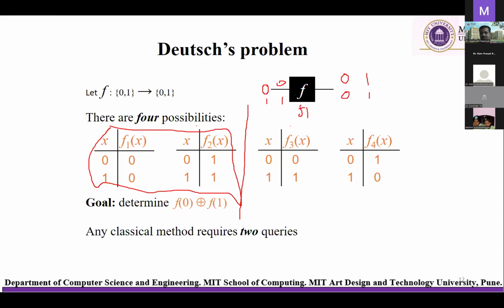Deutsch considered this a balanced state. So f1 of x and f2 of x are constant, whereas f3 of x and f4 of x are the balanced states. This is the Deutsch problem.